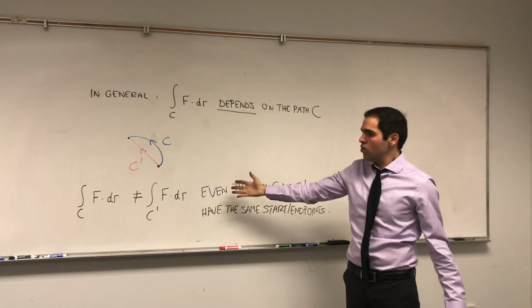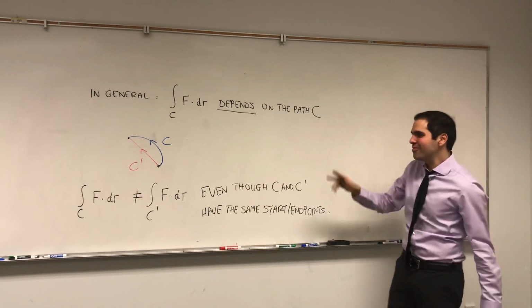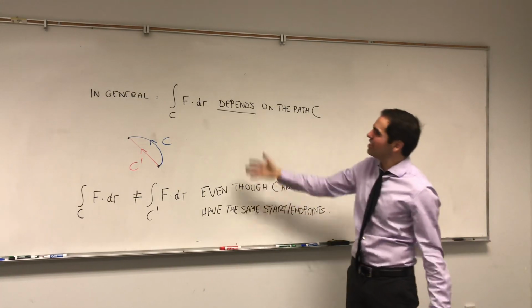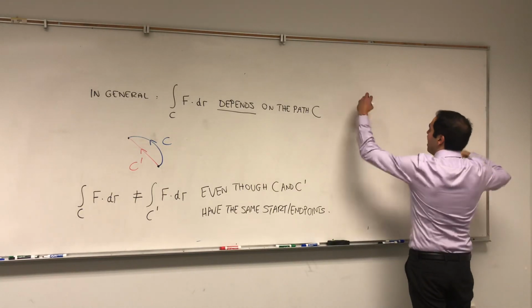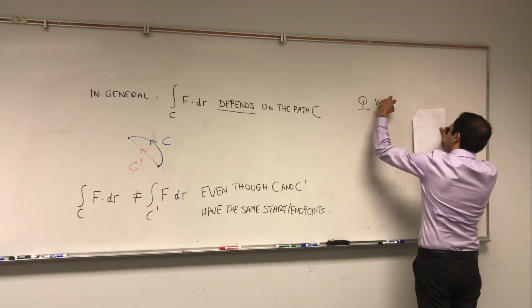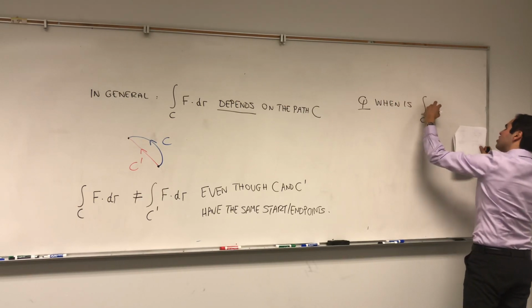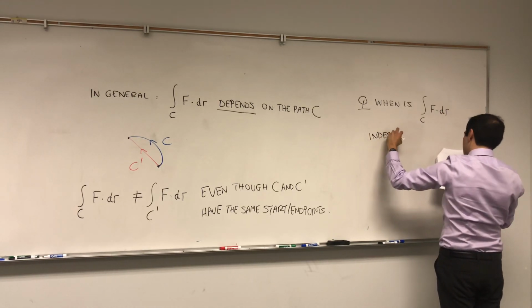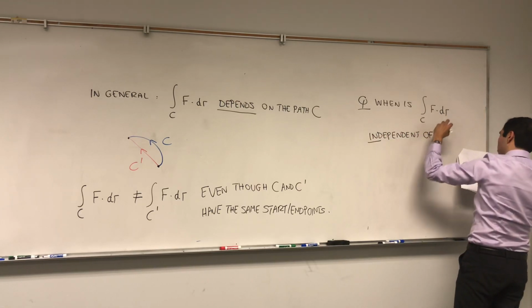But of course, this begs the question, and I'm sure some people are angry about this terminology, this begs the question: when is the line integral independent of the path?